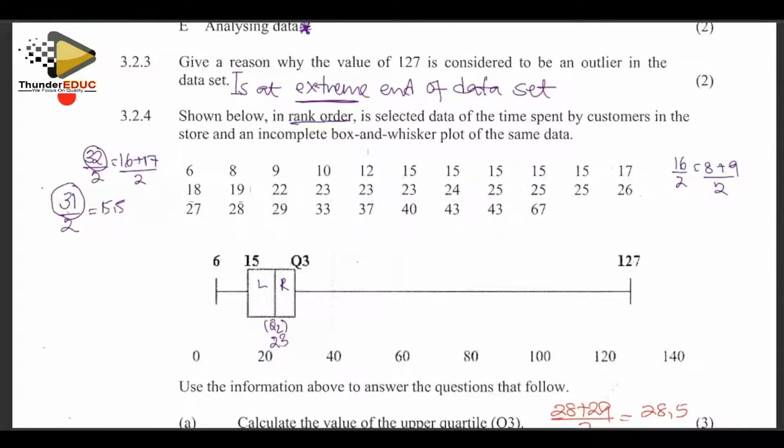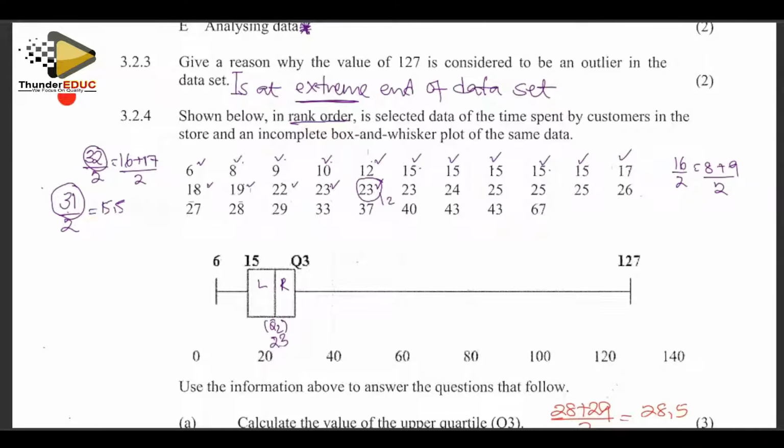So we shall count: 1, 2, 3, 4, 5, 6, 7, 8, 9, 10, 11, 12, 13, 14, 15, 16. So this number here becomes the median, which is Q2.